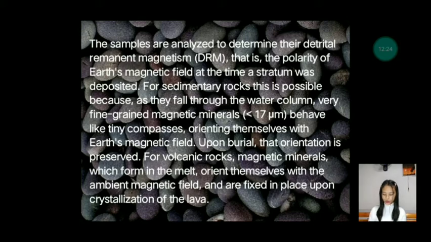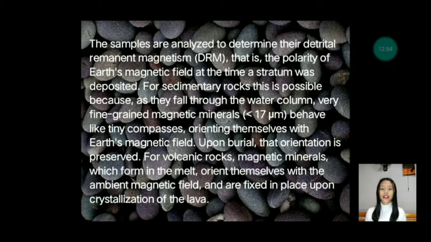The samples are analyzed to determine their detrital remanent magnetism, or DRM, that is, the polarity of Earth's magnetic field at the time a stratum was deposited. For sedimentary rocks, this is possible because as they fall through the water column, very fine-grained magnetic minerals behave like tiny compasses, orienting themselves with Earth's magnetic field.